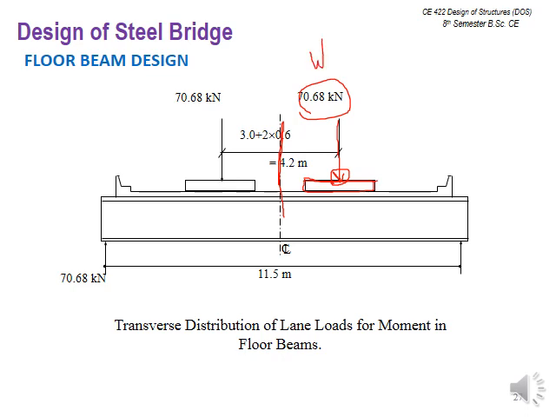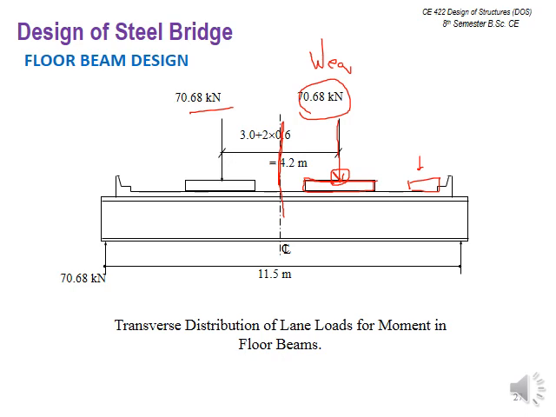So this is the W equivalent, the equivalent lane load we have considered in the longitudinal direction, and now we are applying it in the lateral direction. For both lanes, and if the number of lanes is more, these concentrated loads will be more. The in-between distance will be the same, 4.2 meters, plus 3 on both sides.